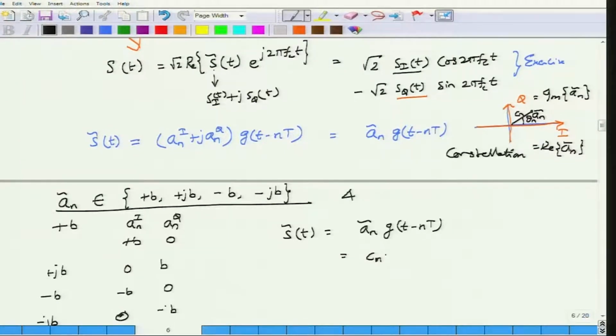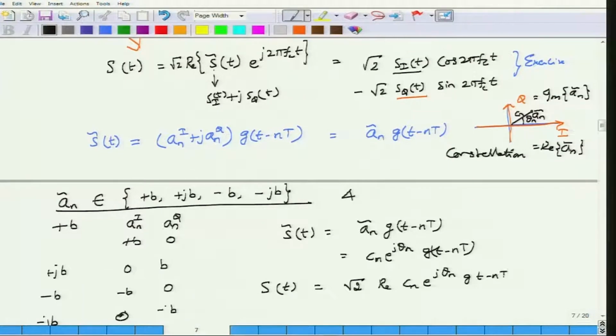So I can write this as Cn e to the power j theta n g of t minus nt. Substituting this into the expression for s of t, the real passband signal, what you get is square root of 2 real part of Cn e to the power j theta n g of t minus nt e to the power j 2 pi fct.